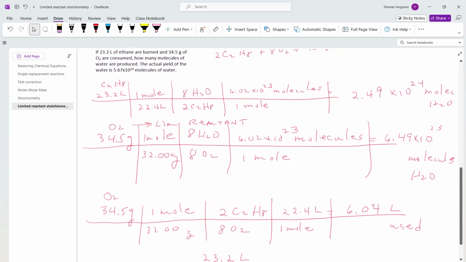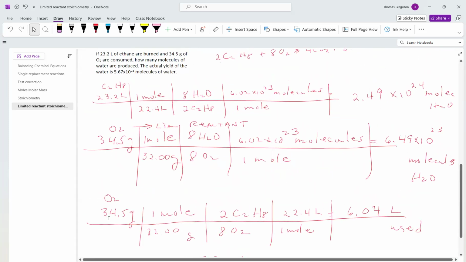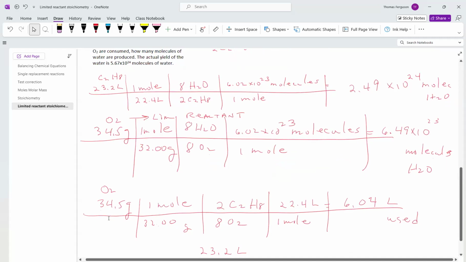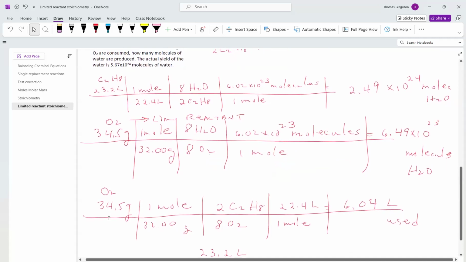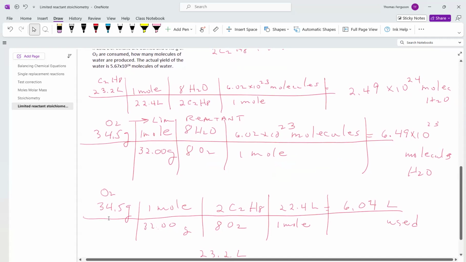And then to figure actual yield, the actual yield is 5.67 times 10 to the 24th molecules. Actually, let's change it to, instead of 24, let's do 22.